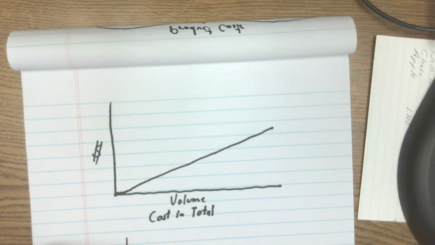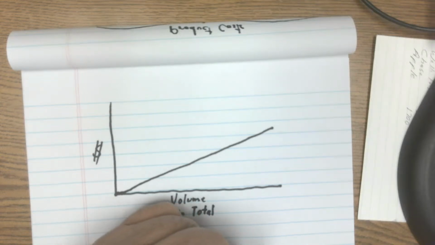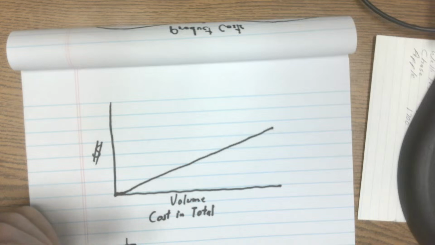If I start out, I might go like this, but then they slowly get lower and lower. So again, this is our dollars, and this is our volume of purchases. And each incremental one, to some point, gets less and less.